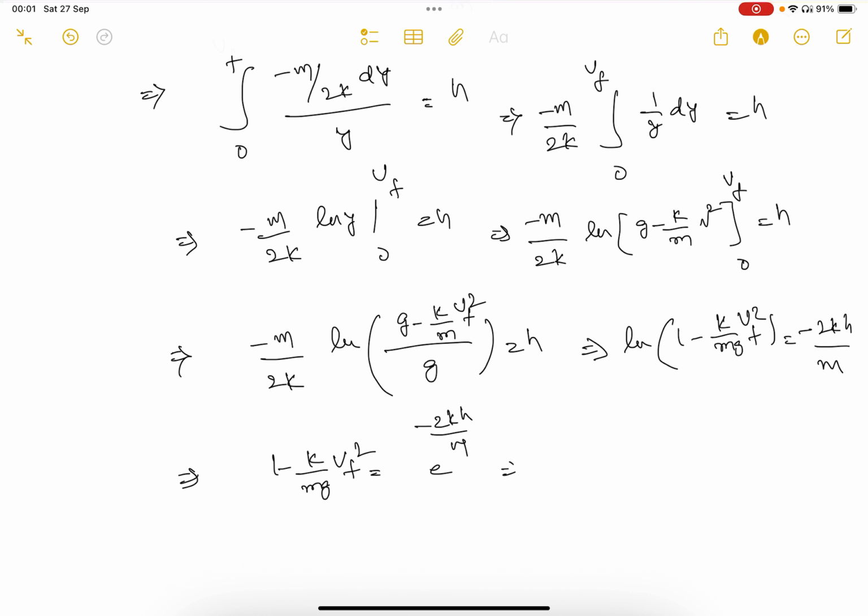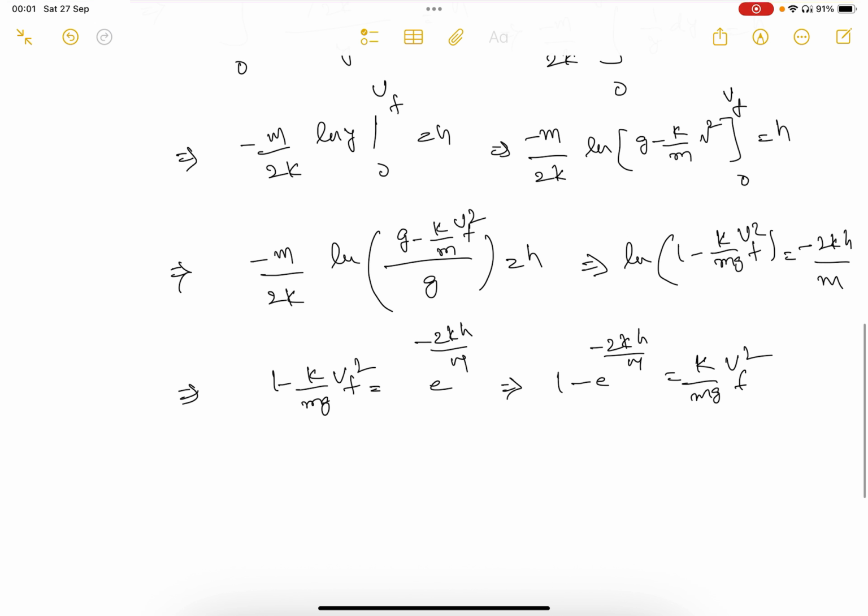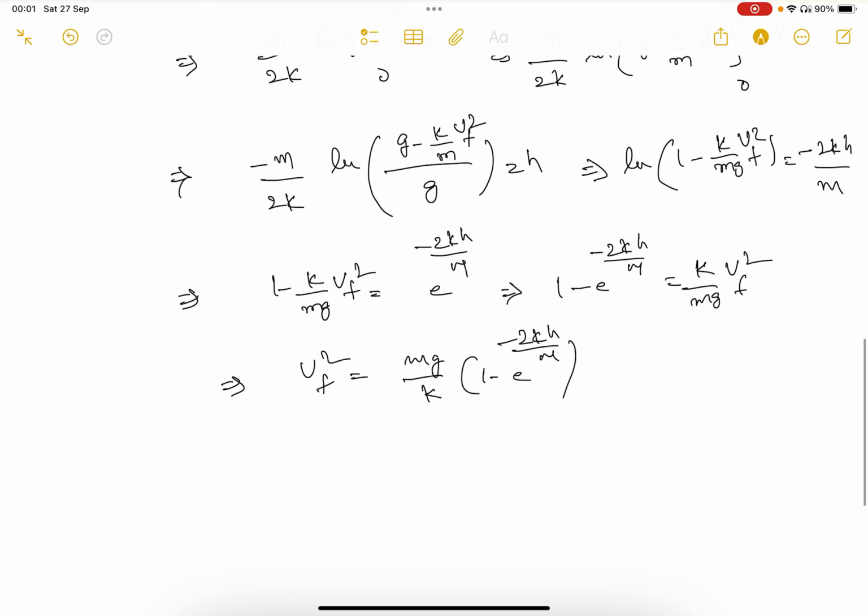Fine. Then this will be 1 minus e power minus 2kh by m equal to k by mg vf square. So finally vf square equal to mg by k into 1 minus e power minus 2kh by m, right? The final velocity when it hits the ground.